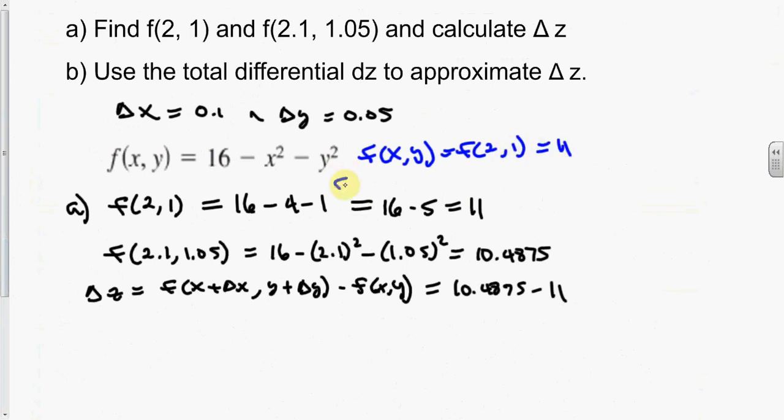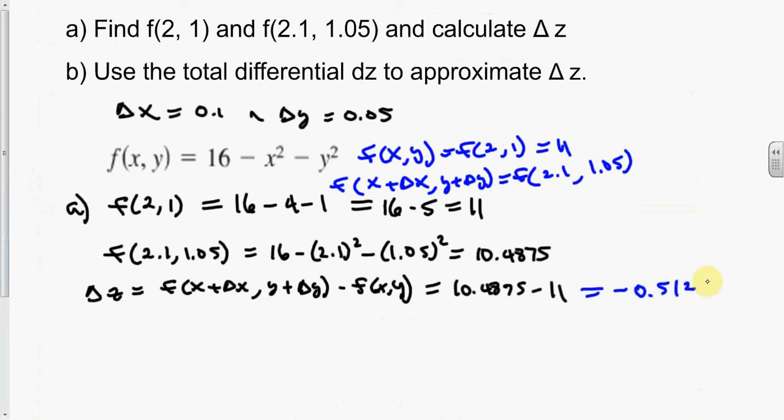You get the 11. Then the f of x plus delta x comma y plus delta y is f of 2.1 comma 1.05. Are you with me? So that x plus delta x, that's the change in x, right? I'm going from 2 to 2.1. So then is that measurement correct? Here they're measuring by hand, and so you find the difference. I get negative 0.5125.